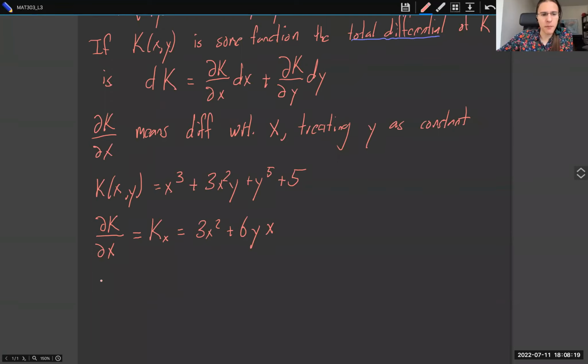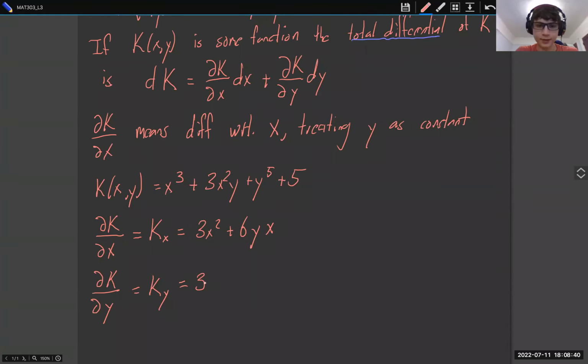And similarly, if I take the partial derivative of K with respect to y, which is also denoted by K sub y, what do I get? 3x squared plus 5y to the 4th. Good.